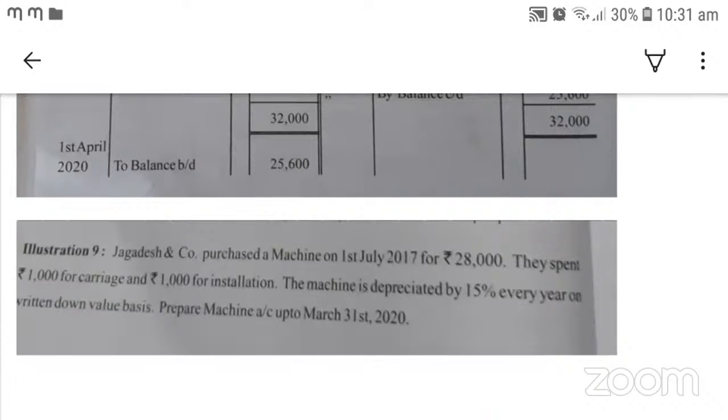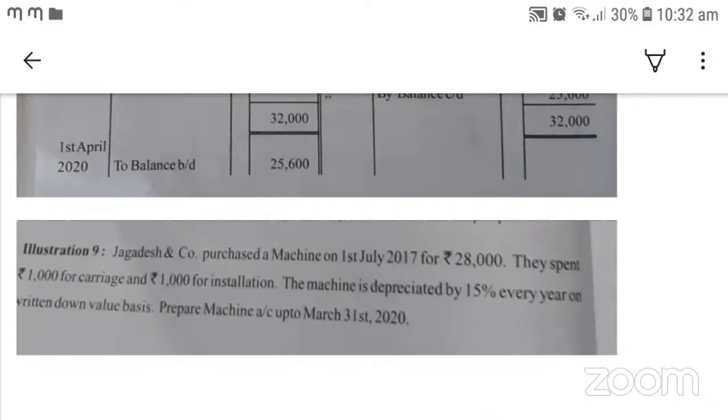Okay, carriage means this is transport charges. For the asset only. For installing the asset, these are the expenses he incurred. The machine is depreciated by 15% every year, and written down value, prepare machine account up to 31st March 2020.